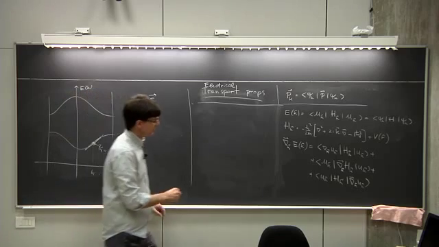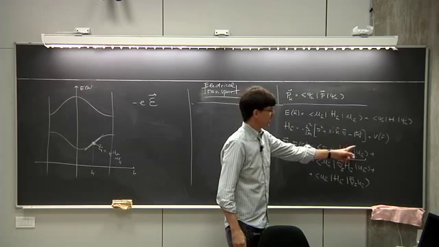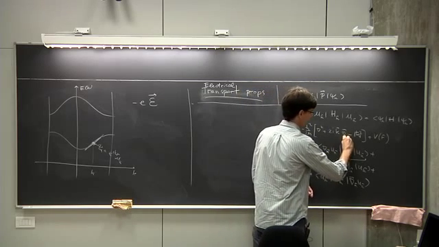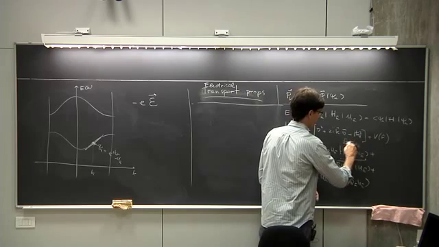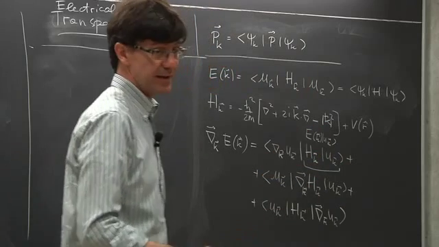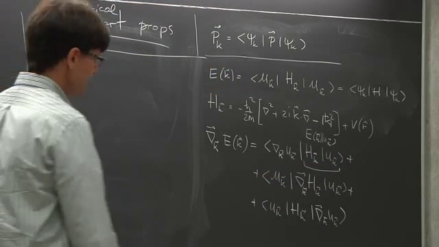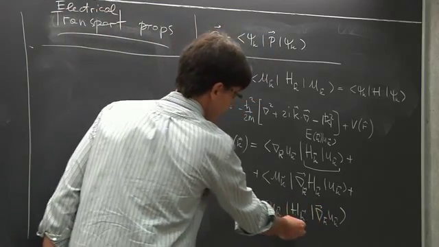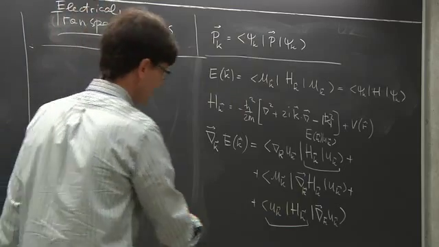I need to continue on this side of the blackboard. Let me consider this term here. This is h of k, u of k. So that can be written as E of k, u of k by definition, right? Because u of k is an eigenfunction of h of k. Similarly, I can decide here to apply h to the left, right?